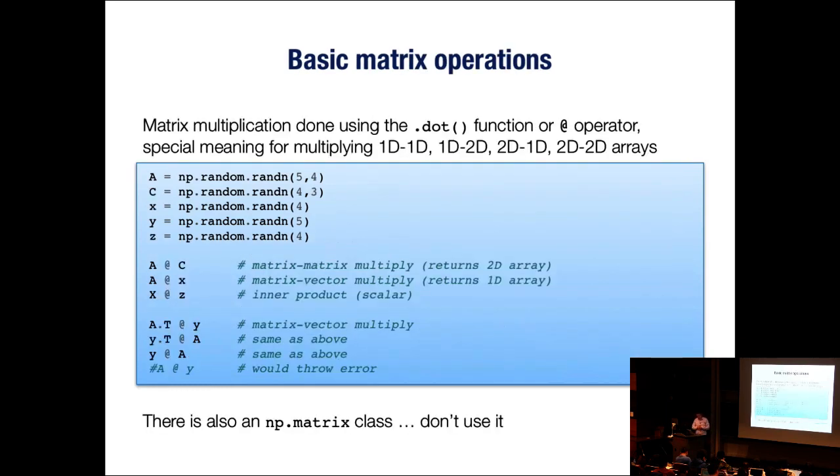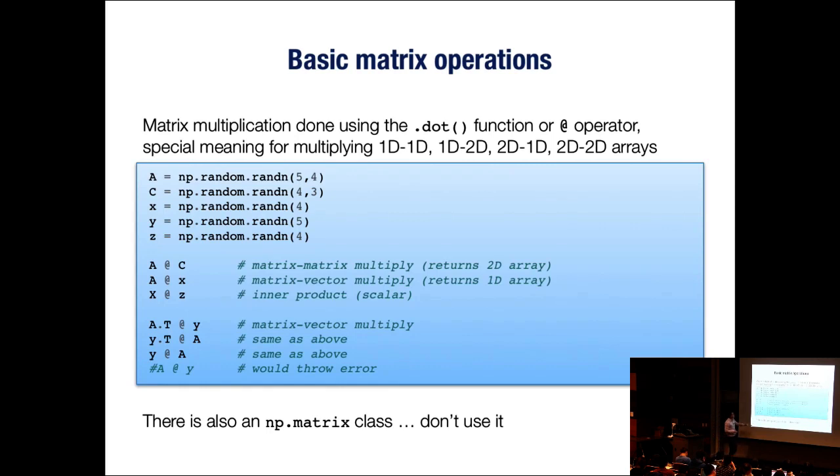Okay, so let's talk now about the linear algebra side of NumPy. And we'll start then with matrix multiplication. So this was actually introduced in Python 3. Before Python 3, you had to use a function called np.dot, or a.dot(b), or something like this.